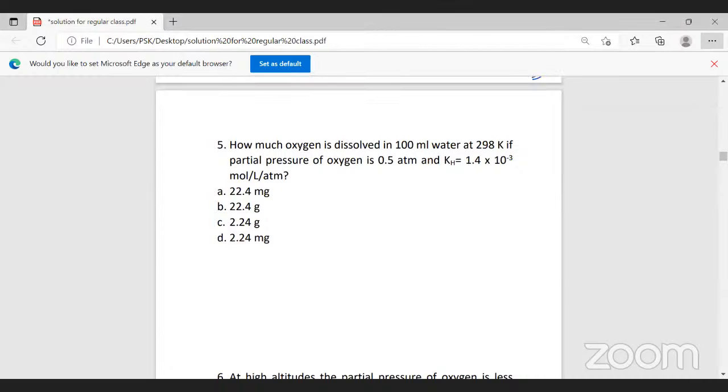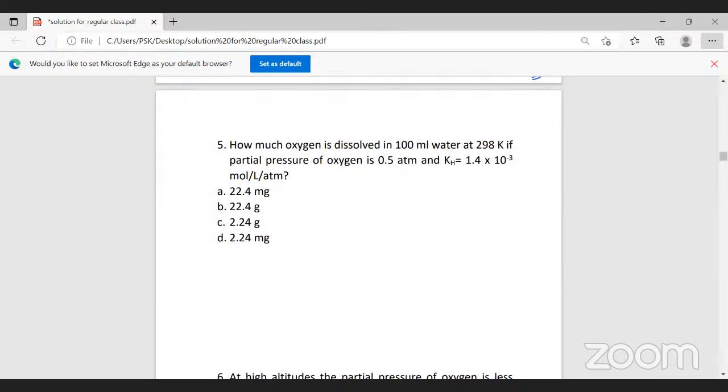How much oxygen is dissolved in 100 ml of water with the partial pressure of 0.5 atmosphere and KH, Henry's constant, they've given.